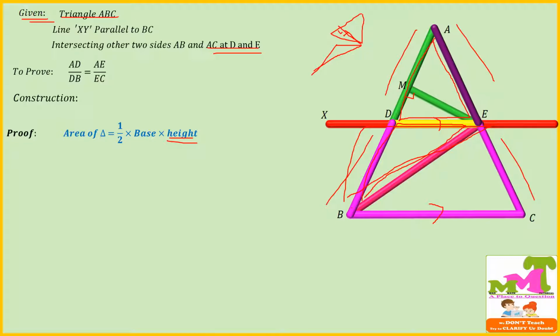So ME is the common height for ADE and BDE. I hope you understood. If there is any doubt, please comment. I will try to clarify your doubts.